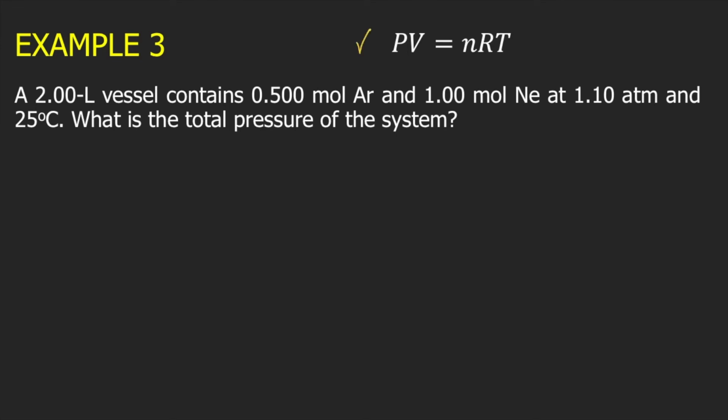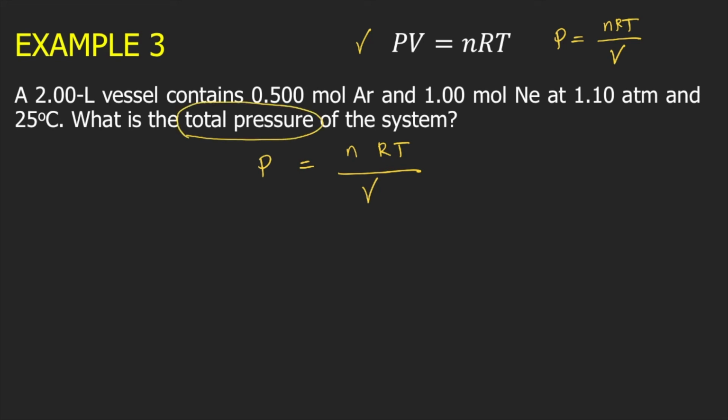As mentioned in the previous slide, if we rearrange the ideal gas equation to solve for pressure, the equation becomes P is equal to nRT over V. So let me just copy the equation. P equal to nRT divided by V. Now the problem is asking for the total pressure.